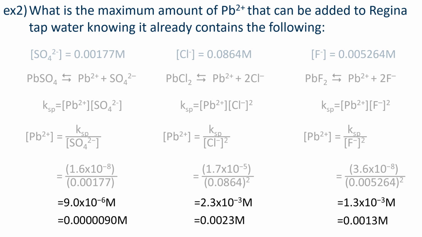Clearly, the very first number, 9.0 times 10 to the negative 6, is much smaller than 0.0023 or 0.0013. So that means if we're starting at 0 and slowly working our way up, the concentration we would hit first is 9.0 times 10 to the negative 6 molar. Once we hit that concentration of lead-2 ions, it would start to form a solid in our pipes of lead-2 sulfate.